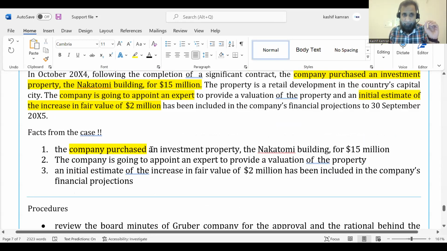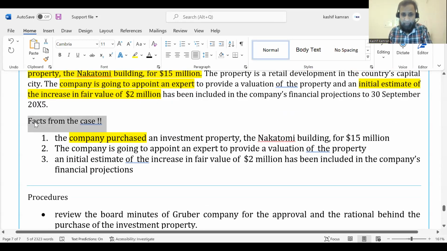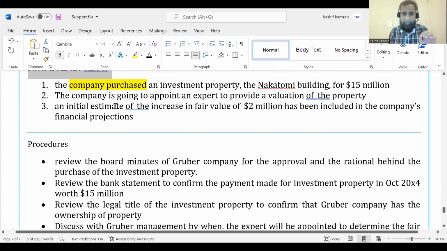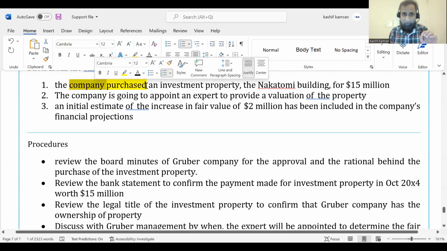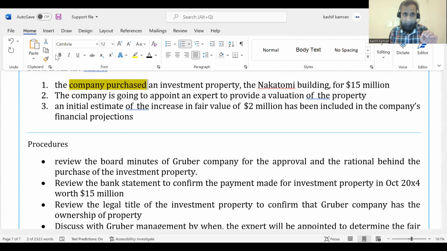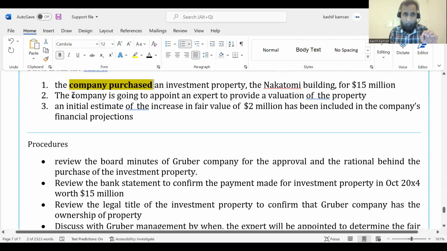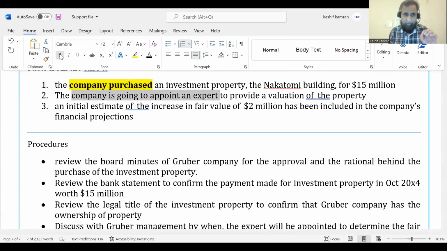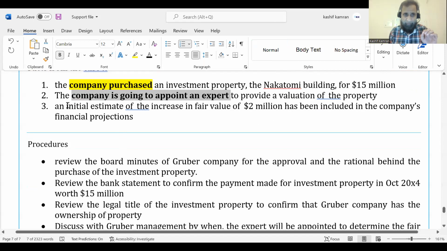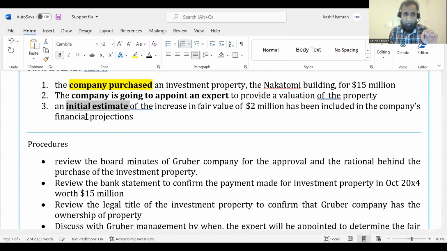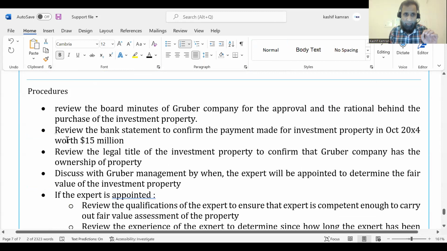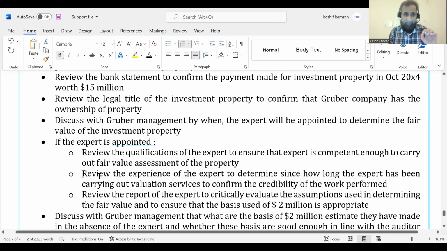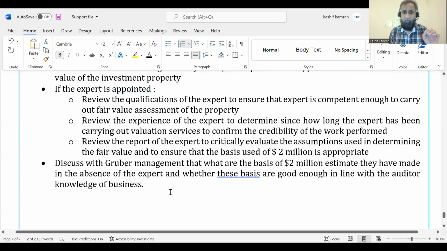I put those 3 pieces of information here as facts from the case, and I converted the company purchase into procedures. Then I converted the fact that the company is going to appoint an expert, and then the initial estimate. And I reached a total of almost 8 procedures on screen.